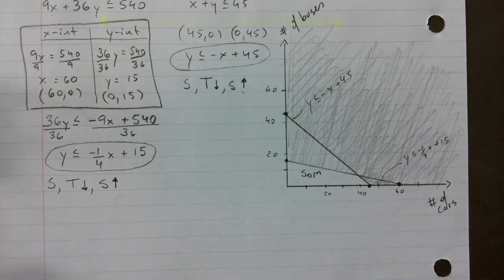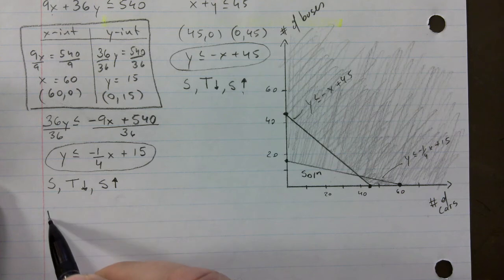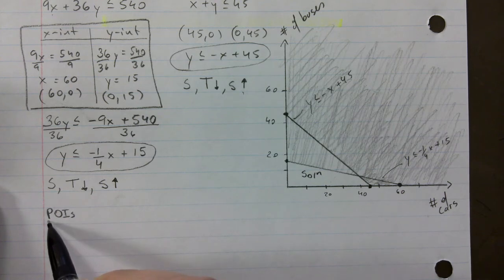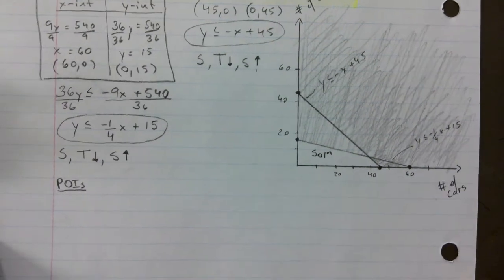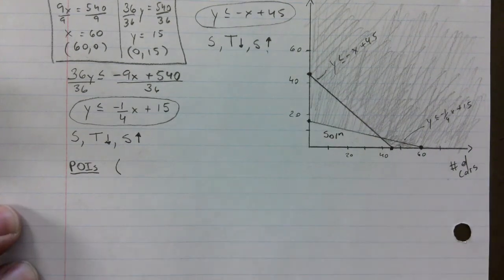And I'm going to state the corner points or the POIs. I'm going to state them side by side, okay? Is 0, 0 a POI?